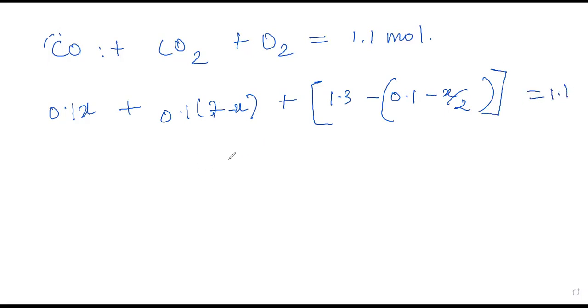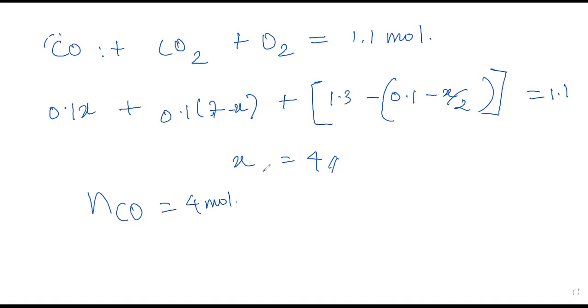Now you can find x. The x is equal to 4. So what is x? The number of moles of carbon monoxide, that is the formula.